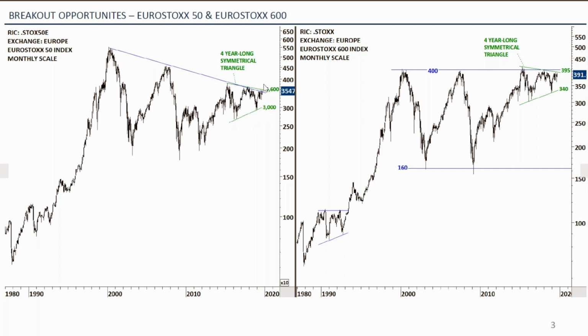The breakout from this will also clear the downward sloping trend line. The downward sloping trend line is a multi-decade downtrend. So the breakout should be very strong and can easily result in a nice uptrend from here. So another global equity benchmark, similar to Chinese equities, testing critical resistance.